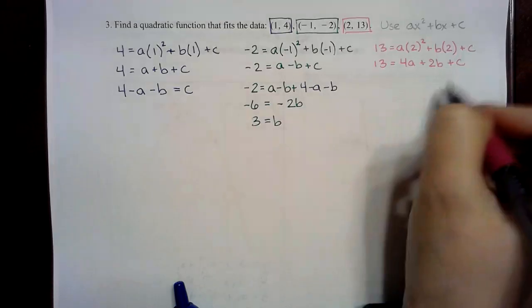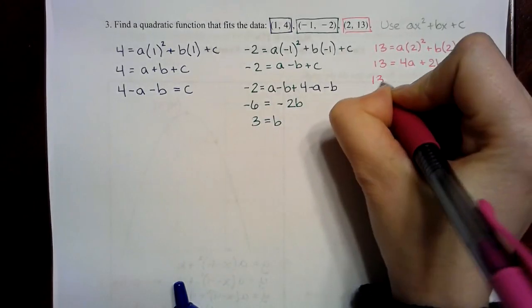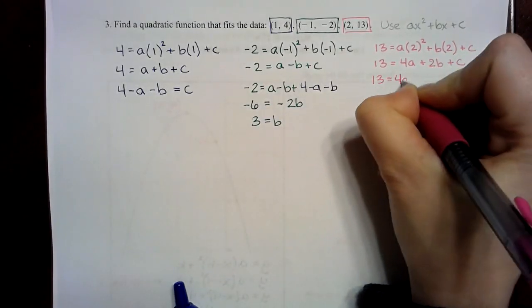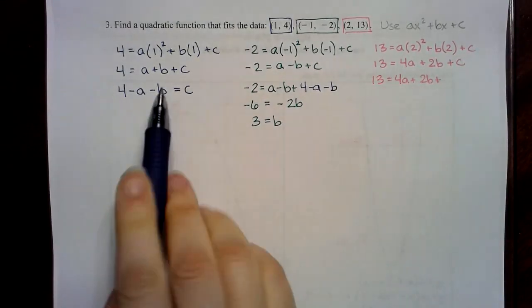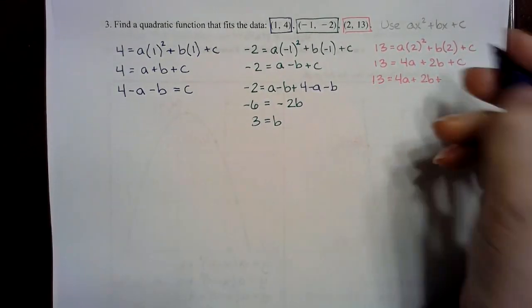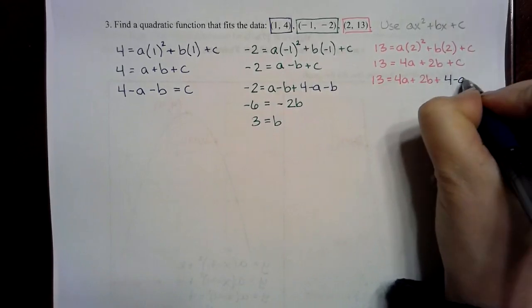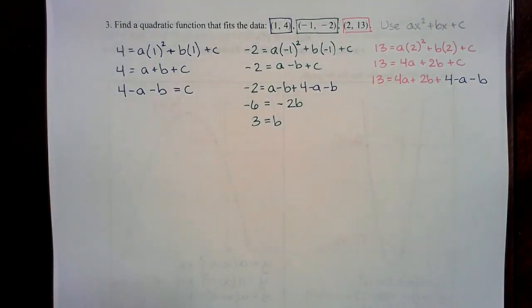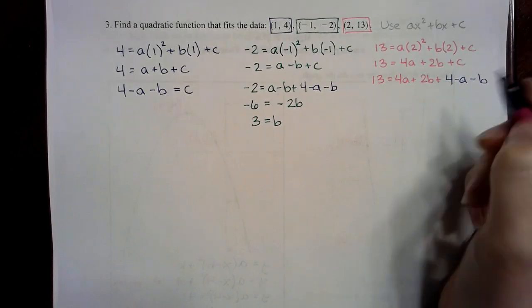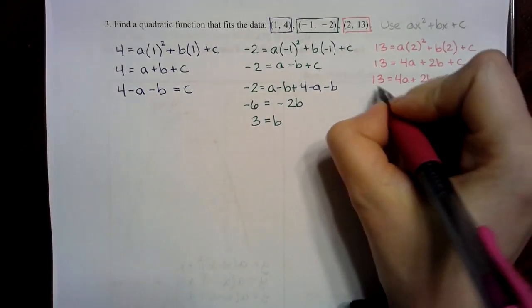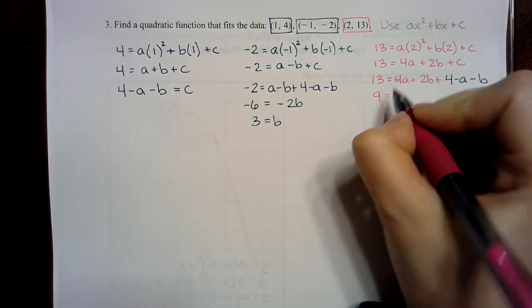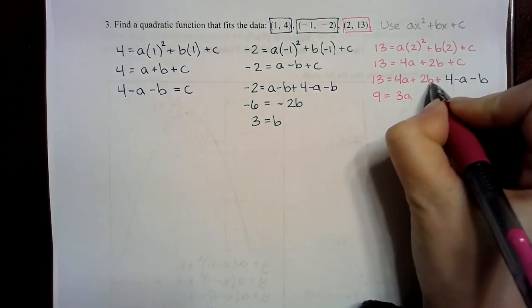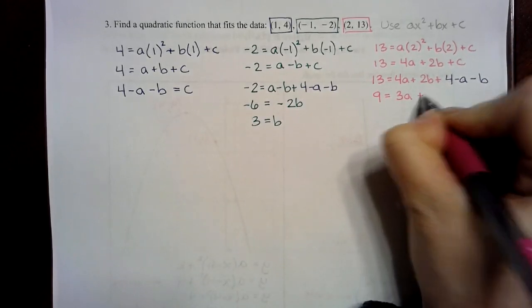Let's go back to this third one. 4a plus 2b plus I'm going to plug in my c, which is 4 minus a minus b. Subtract 4 from both sides and combine like terms. 4a minus a is 3a, 2b minus b is plus b.